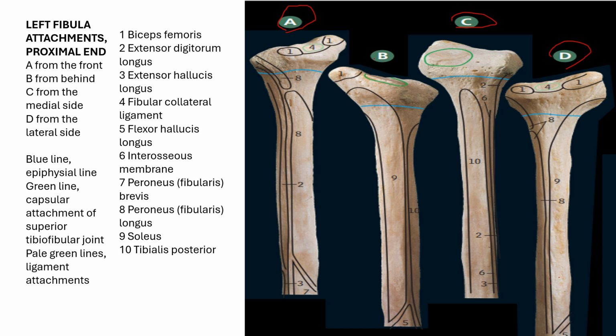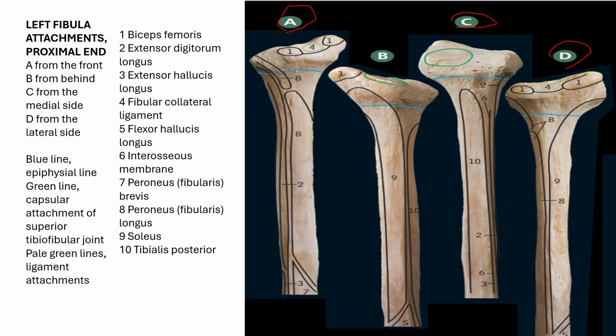The blue line is called the epiphyseal line. The green line is the capsular line, the capsule that's formed between the joints. The pale green lines, if present, are for ligament attachments.